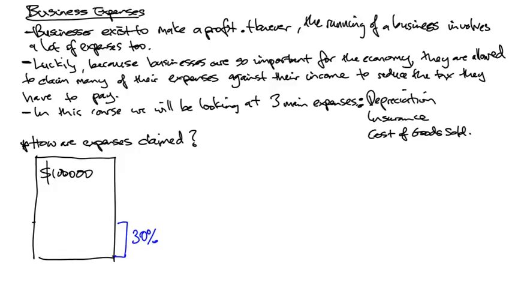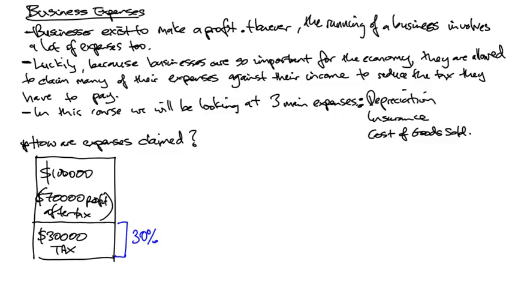So if they're taxed 30% on that income, 30,000 of it would go to the government. 30,000 tax, and this is 70,000 profit after tax.